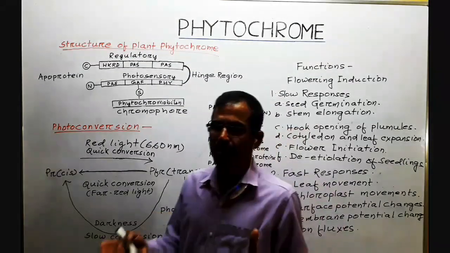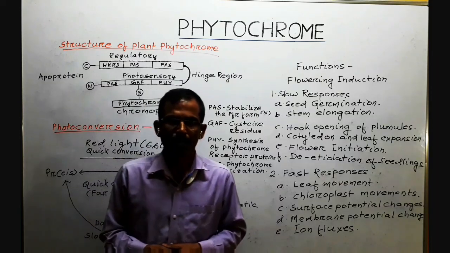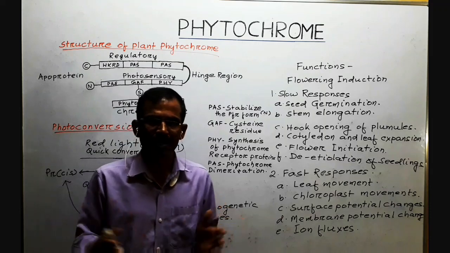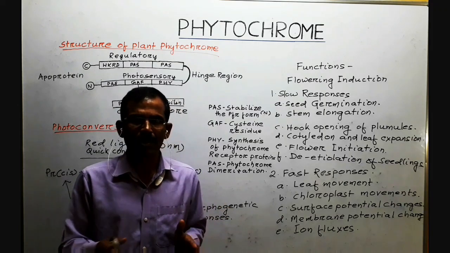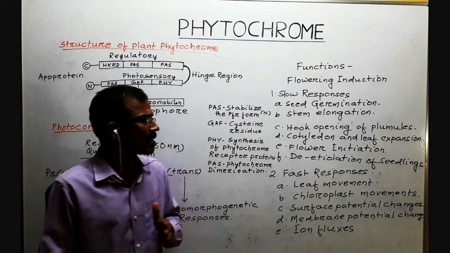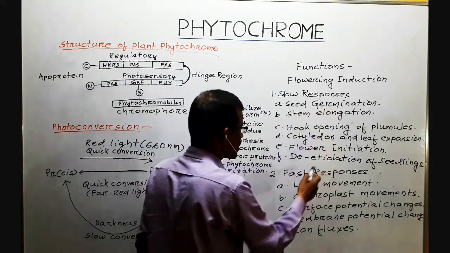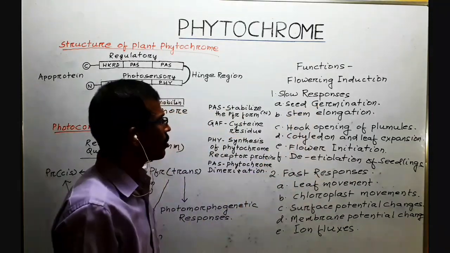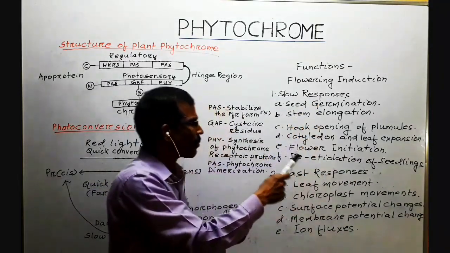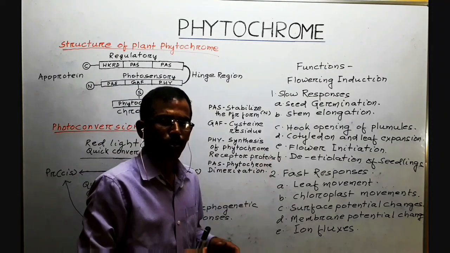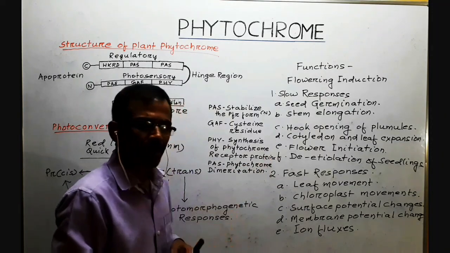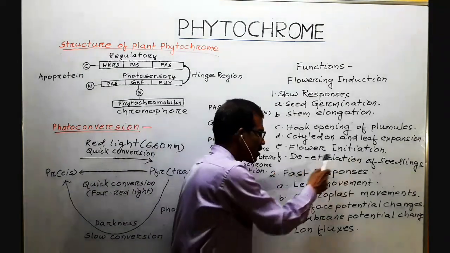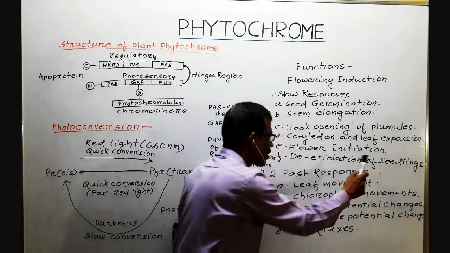In addition to induction of flowering, phytochrome is involved in various morphogenetic responses. These responses can be divided into two different groups. They are slow responses and fast responses. Slow responses include seed germination, stem elongation, hook opening of plumule, cotyledon and leaf expansion, flower initiation and de-etiolation of seedlings.